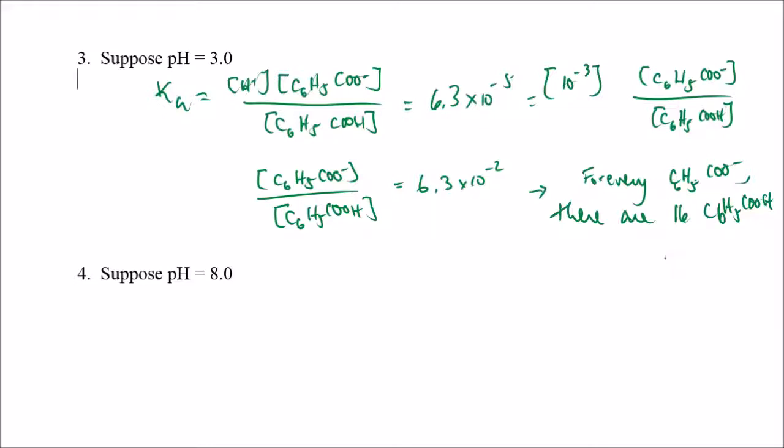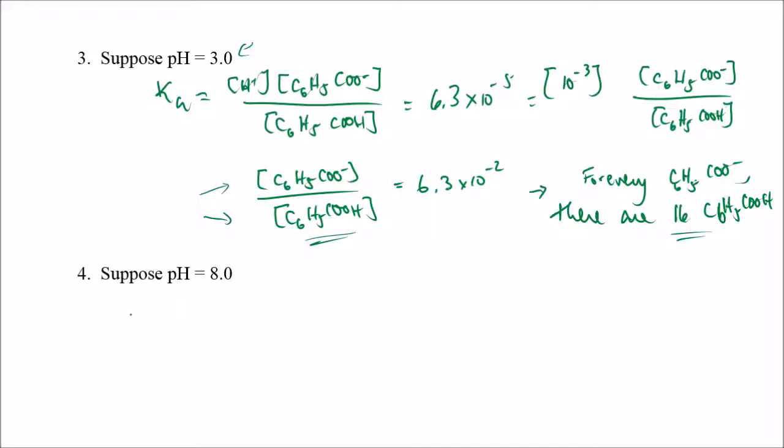So it's a 1 to 16 ratio. It's about 5% this and 95% that. So this is what's true in the soda. It's mostly benzoic acid. The ingredient label says potassium benzoate, but because the pH is low, it's mostly benzoic acid, 16 to 1 ratio.